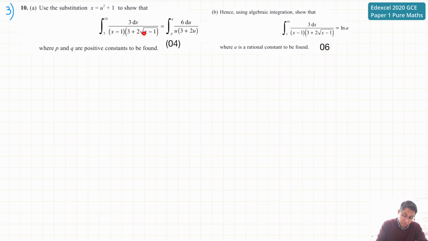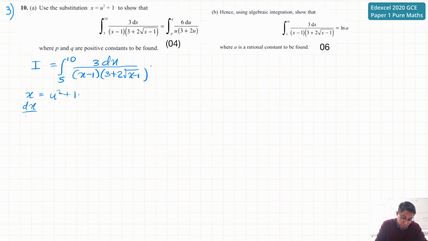I'm going to take this integral as I. Take the substitution x equal u square plus 1. Now differentiate this with respect to u. You can write dx equal to 2u times du. Now let's find these p and q limits. Take the substitution again. Substitute x equal 5 to find p.